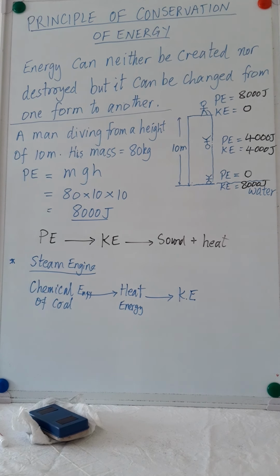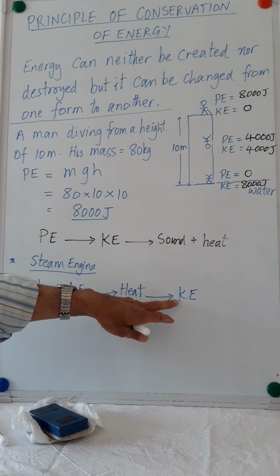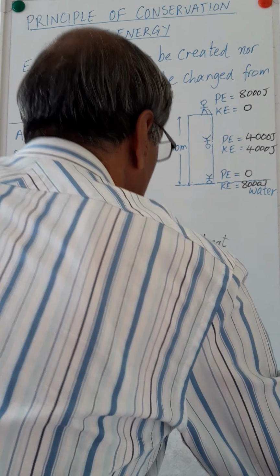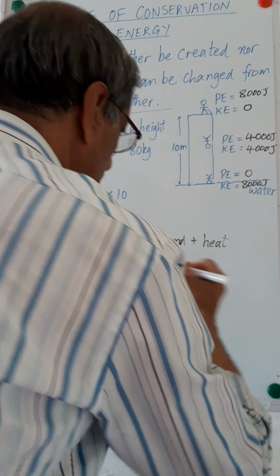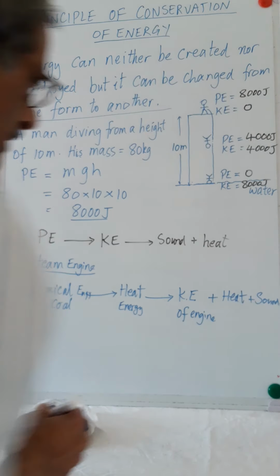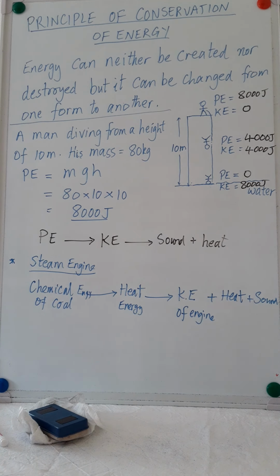I'm going to write K for kinetic energy of the engine. Plus, not all the chemical energy is converted into kinetic energy. Some of it is wasted as heat and sound, plus heat and sound. So this is another energy conversion process.